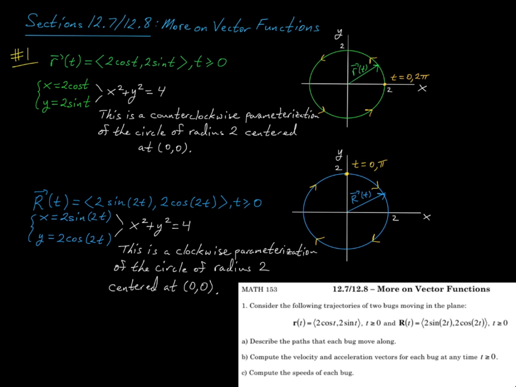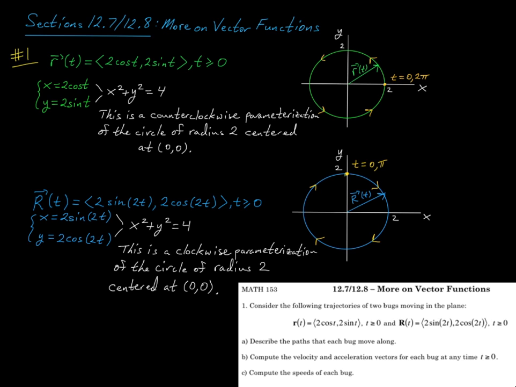And since x is a sine function, if I let t increase a little bit past 0, x will increase, so the bug is going to move to the right of its starting point, and y, being a cosine function, will decrease, so the bug is moving down from its starting point. So this is a clockwise parameterization of the circle.